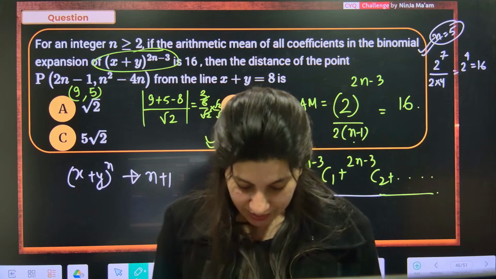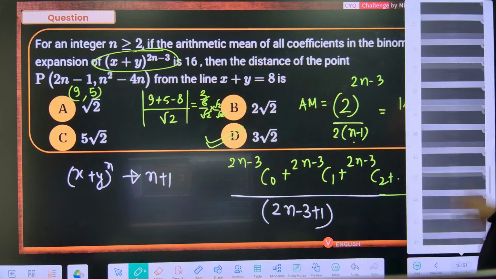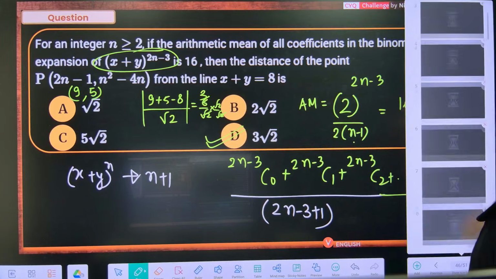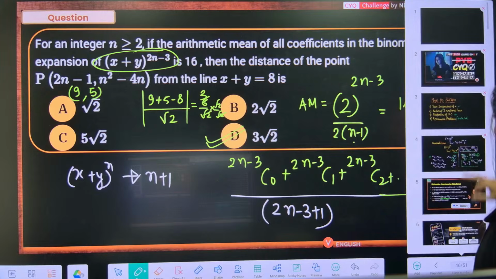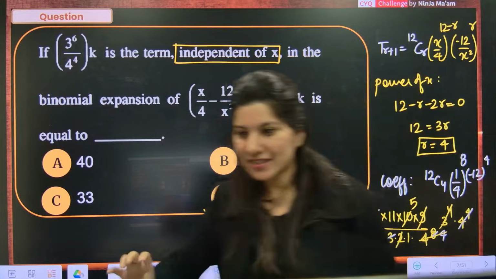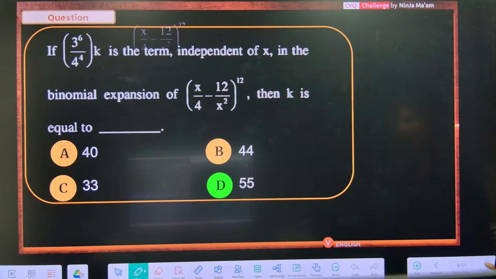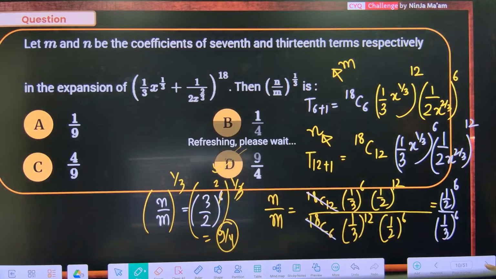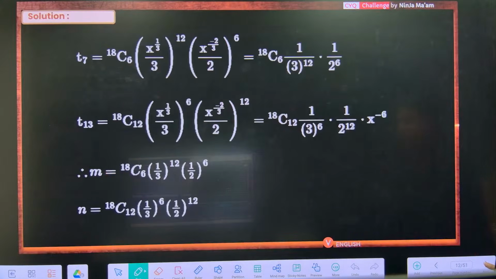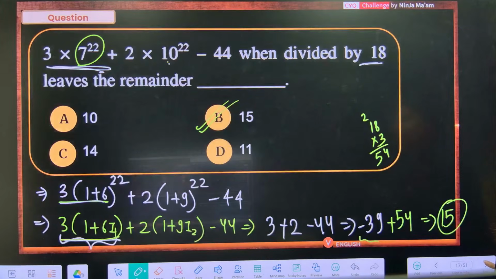All right. On this note, let me check if I have anything left out in this session. Let us just summarize what all questions we have done. We still have 1 minute. Term independent of x we have done. Then we have done the ratio related problems, where the ratio of the coefficients is given to you or you need to calculate. Number of rational and irrational terms.